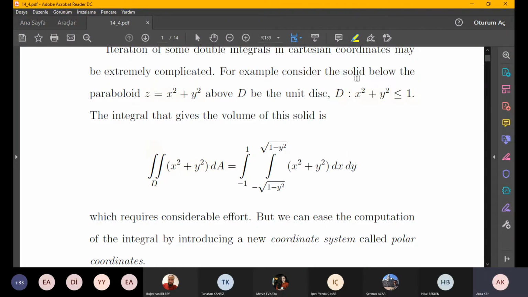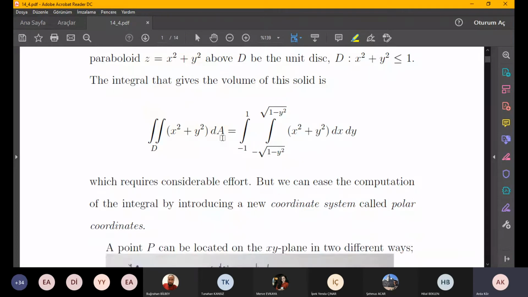If we try to write it in Cartesian coordinates, it is defined by such a double integration, but it is not easy to compute, so it requires a considerable effort.